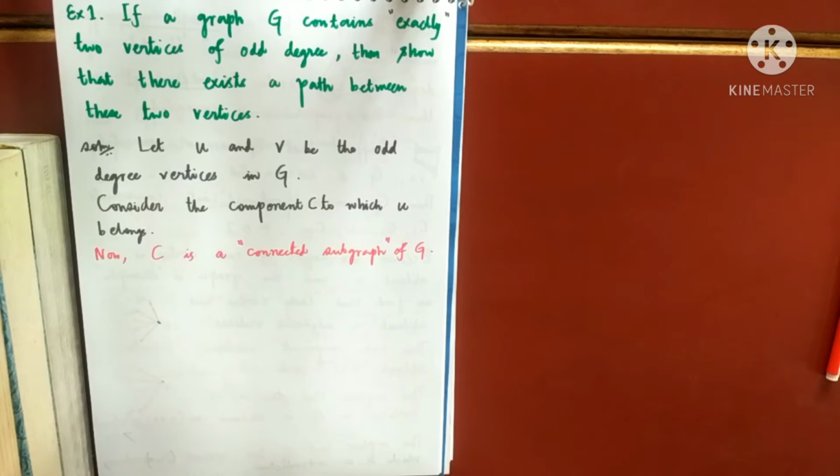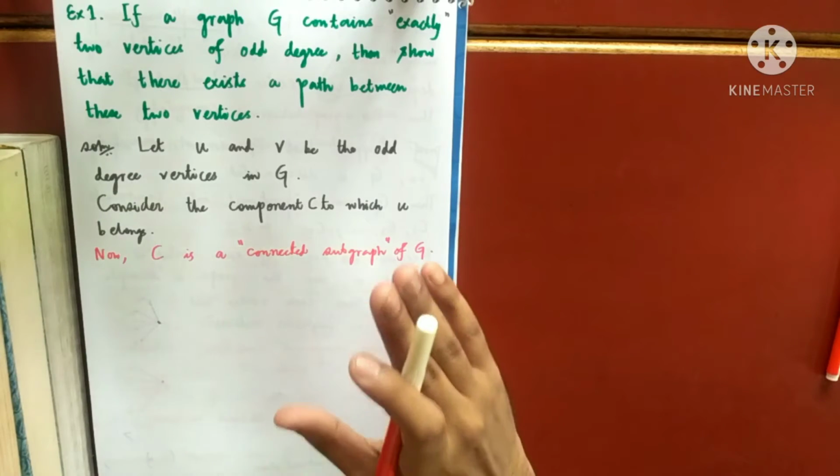We know the sum of the degrees of all vertices is 2 times the number of edges. So this will also be true for a subgraph. We have also done that the number of odd degree vertices in a graph is always even. If you remember, you have done this. So we will use this fact.